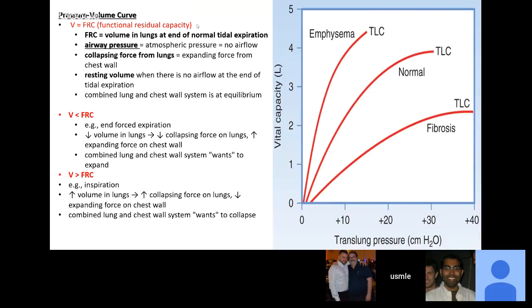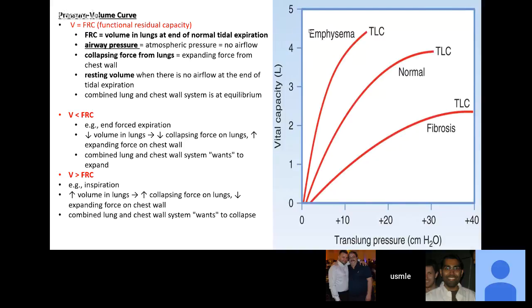The pressure volume curve. This is something that is asked a lot as the graph for the USMLE. So on one axis, this is what will represent the vital capacity, and this is what will represent the pressure. The pressure goes from 0 to 40, and the volume goes from 0 to 5 liters.